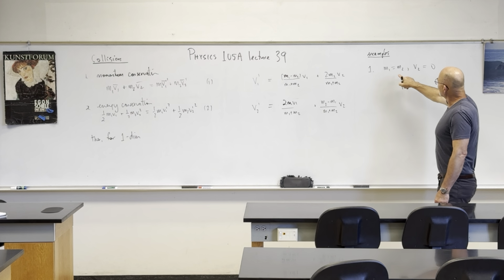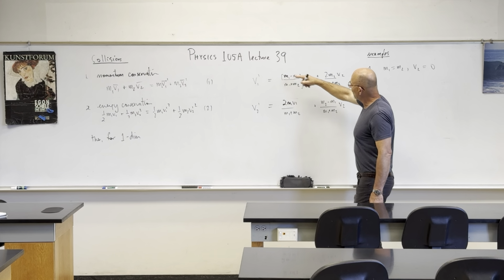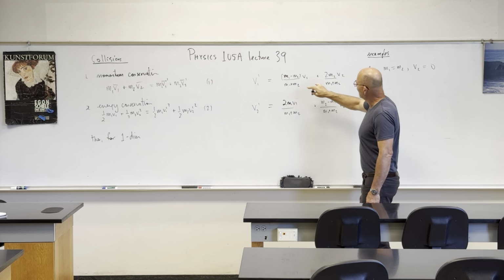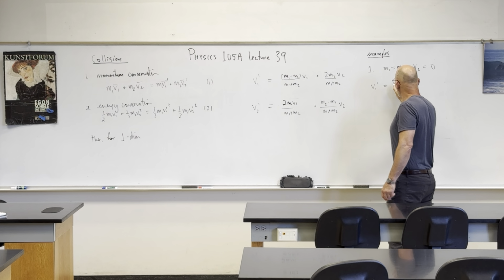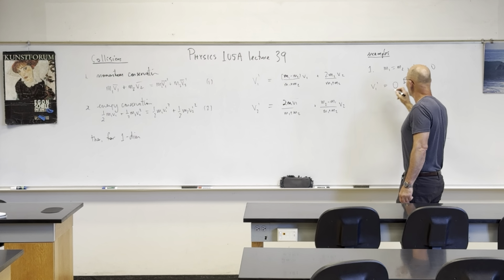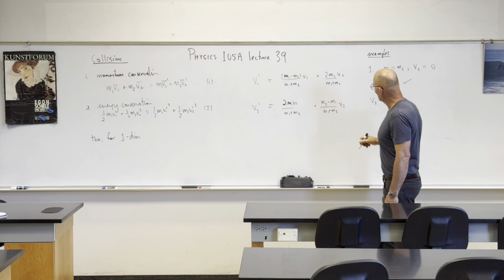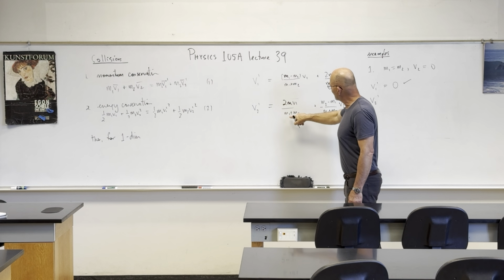Okay. So we go back into here, and we're looking for v1 prime and v2 prime. For v1 prime, with m1 equals m2, you get a 0 here and a 0 there. So this is the one that came to a dead stop. And v2 prime: this is 0 because of the equal masses. Then we have 2m1 over 2m1, so 2 over 2 is 1.